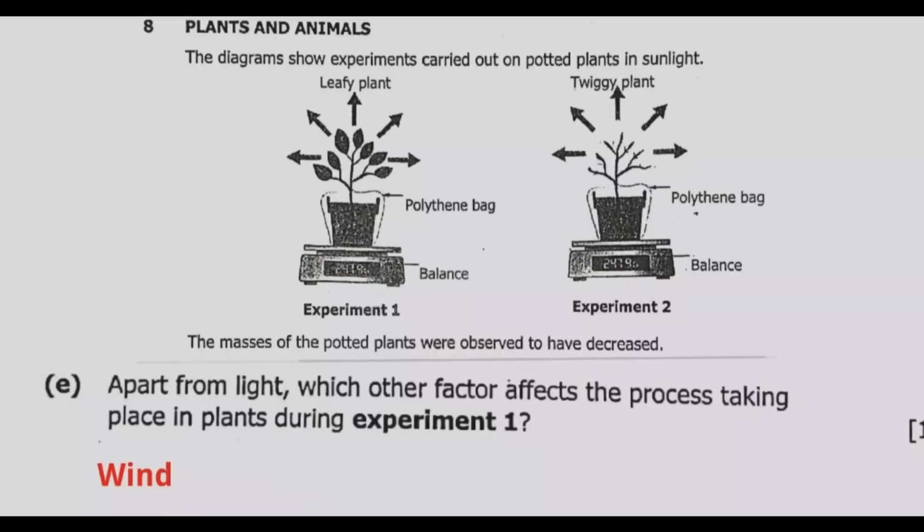The factors that affect transpiration: one, wind. The other one is temperature. Since they want one, I'll give you two, which are wind and temperature. These two factors also affect the process of transpiration. There are many, but I'll just share these two with you.